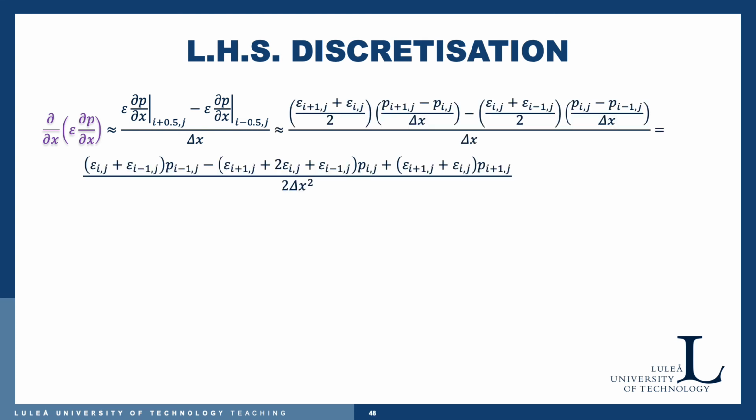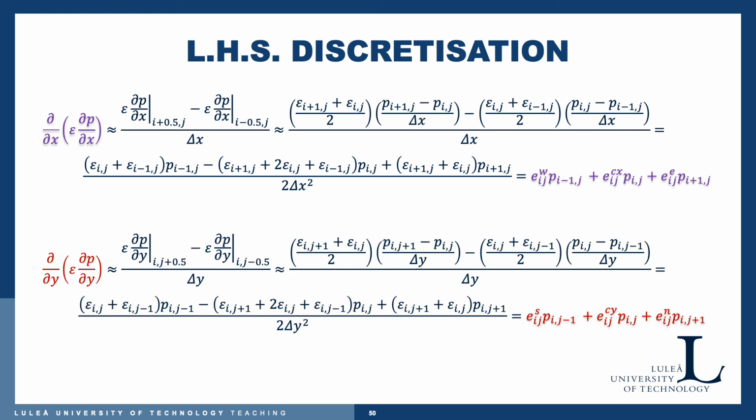And because of this, and assuming that the value of the epsilon function at this half grid spacing can be taken as the arithmetic mean, we can easily obtain the following expression, which we have sorted a little bit on the bottom line here. And if we do some information hiding, we can create these west, east and central coefficients like this.